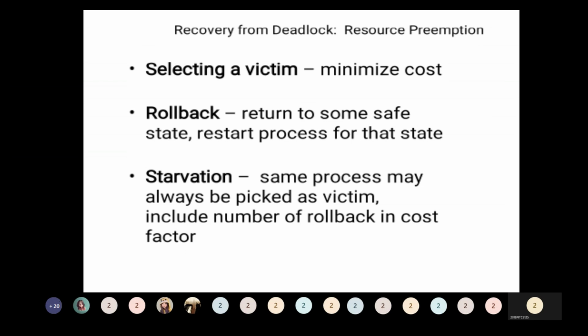Using resource preemption. A resource has already been given, and in between you are going to preempt that resource. So which process are you going to choose as a victim for resource preemption? That should be cost minimal.